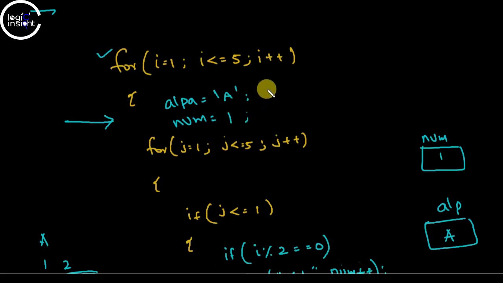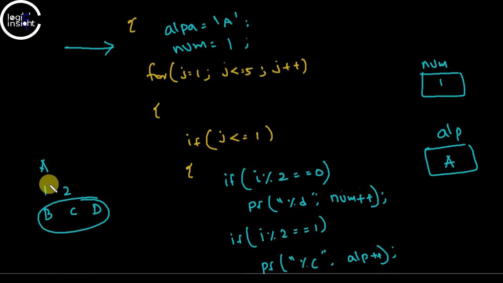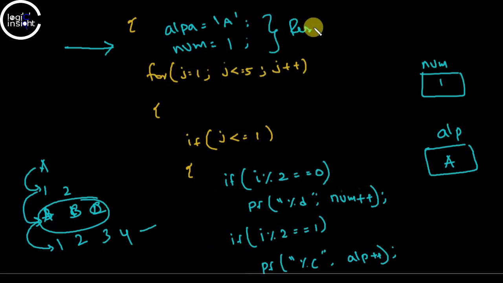Whenever the row changes, again it starts with A, B, C, and the next time 1 2 3 4, and it goes on like this. So this is used to reset, and these are used to just print the values. And remember, we have to increment it one by one so that we get A B C like this.